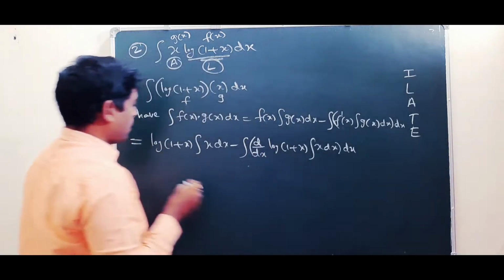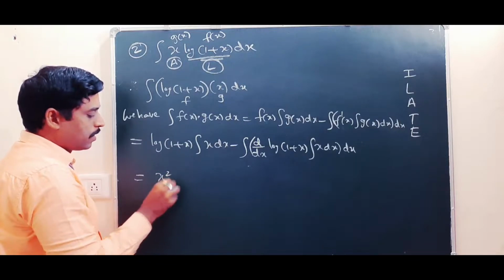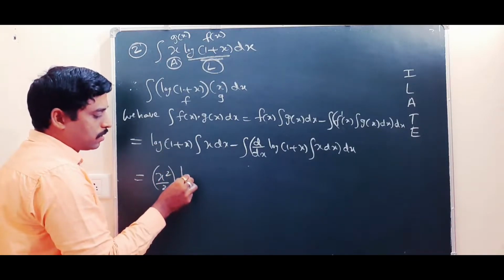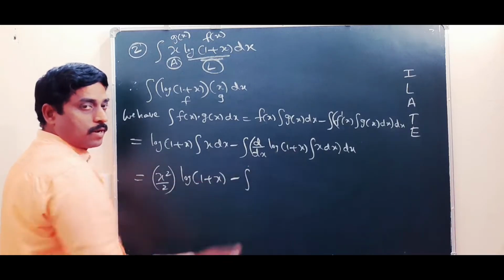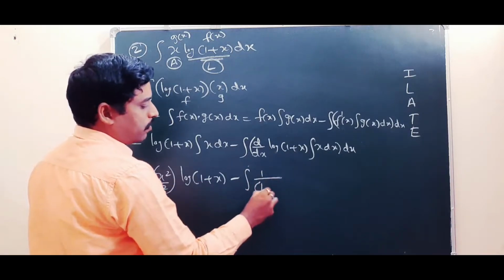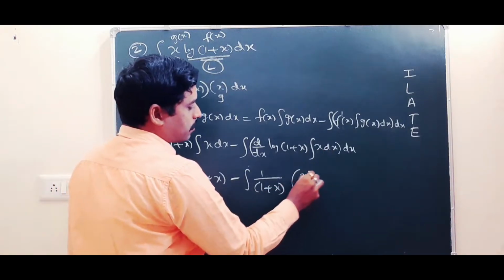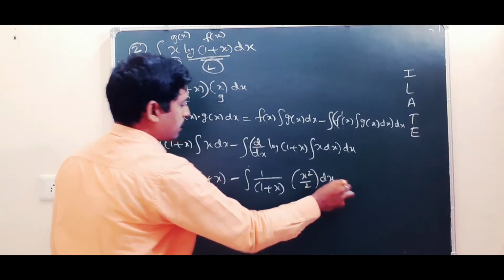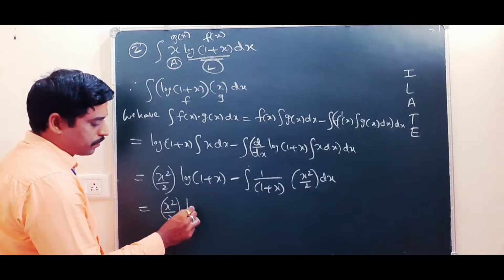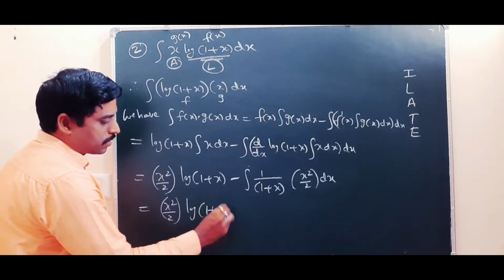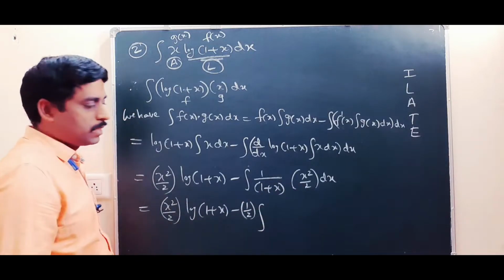It will be integral x dx is x square by 2, into log of 1 plus x, minus differentiation of log 1 plus x, which is 1 by 1 plus x, into x square by 2 dx. So it will be x square by 2 into log of 1 plus x minus 1 by 2, constant, integral.